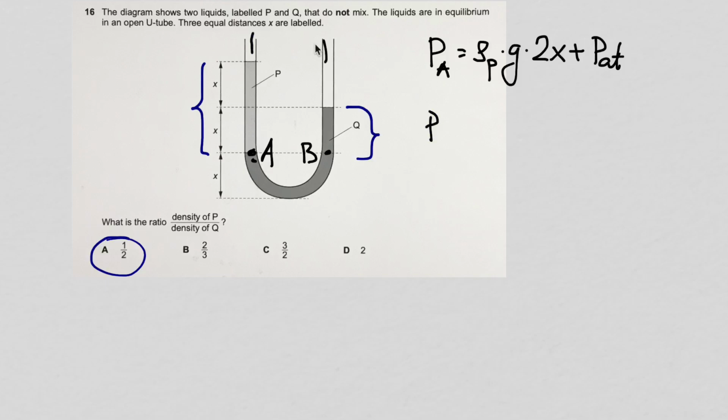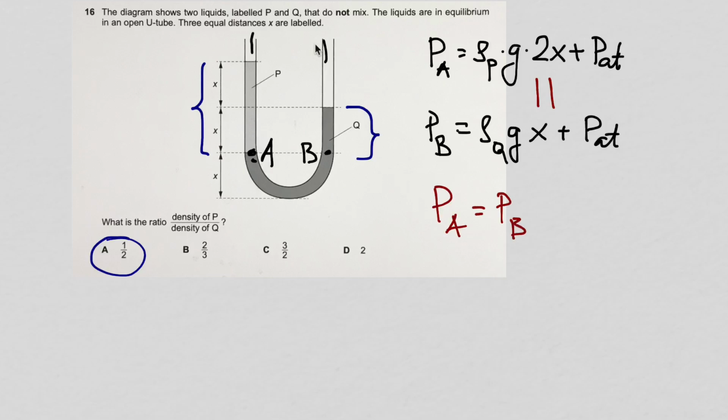The same thing we can do for the other one. Alright, here it is. And these two must be identical. That's the condition. So the pressures at point A and B are equal to each other.